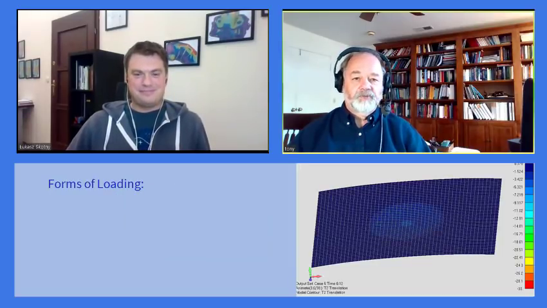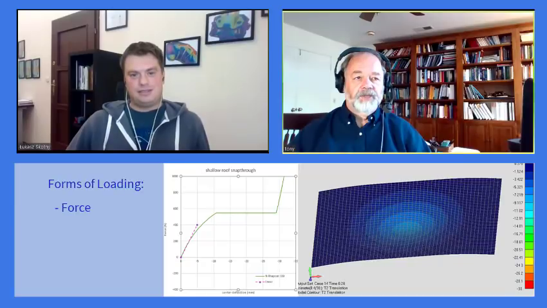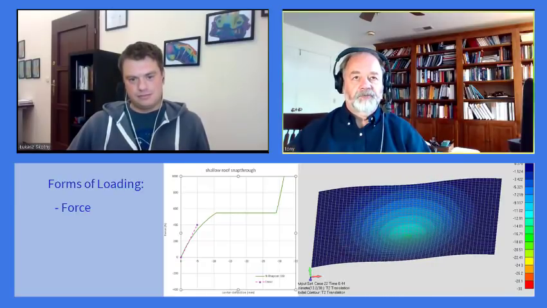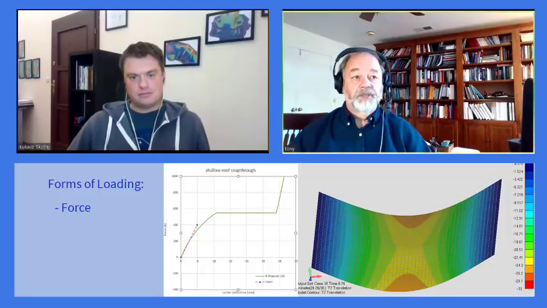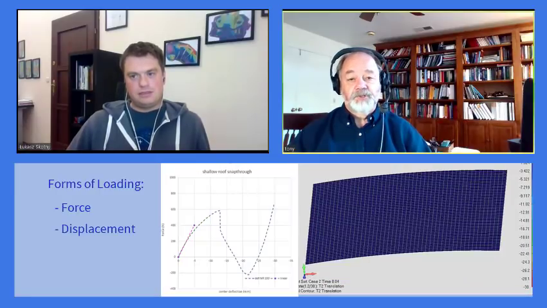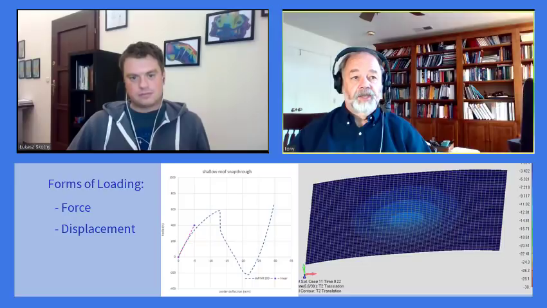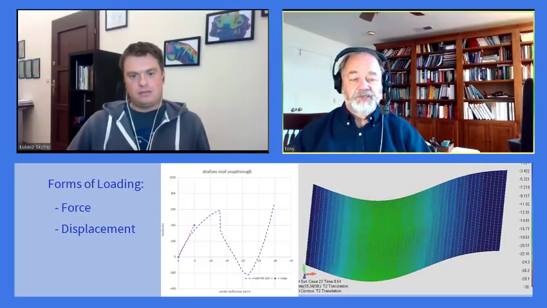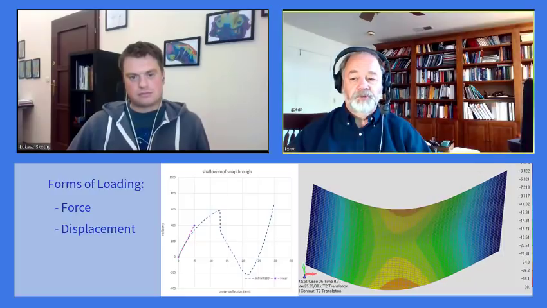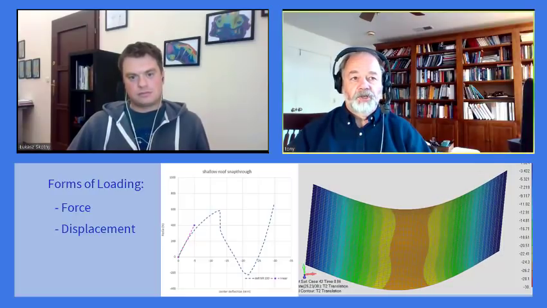We can apply a force, and we can then see how that force affects the snap-through, how it achieves the snap-through. Then we can also apply a displacement controlled approach, and again we'll see from the videos that we're getting different kinds of responses. Basically, a displacement based approach is able to control the solution a lot further.